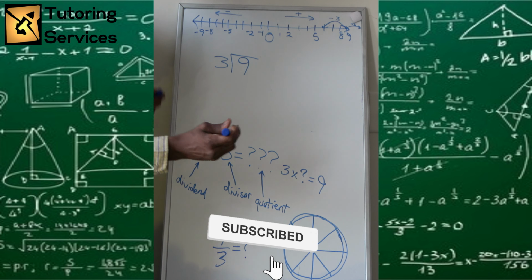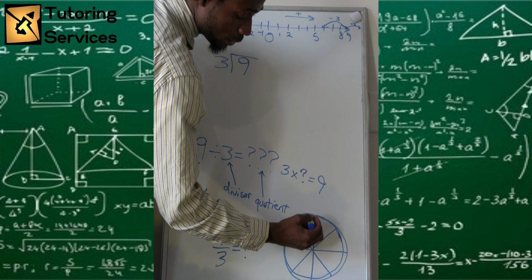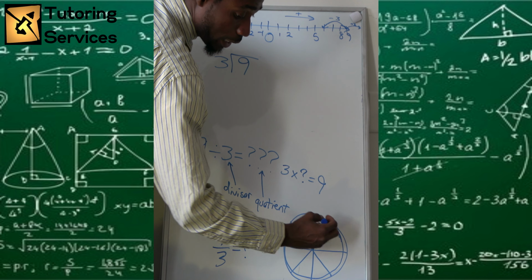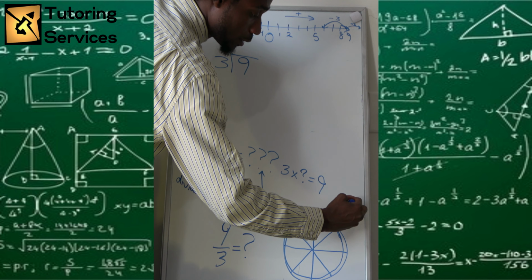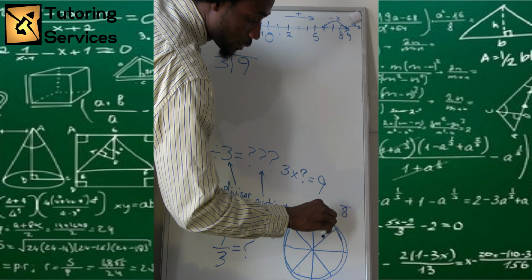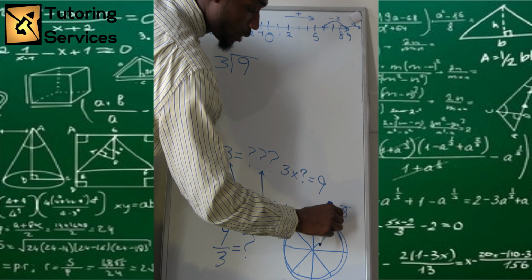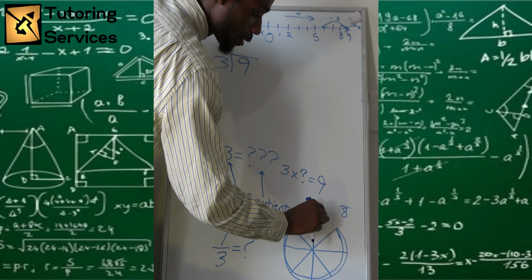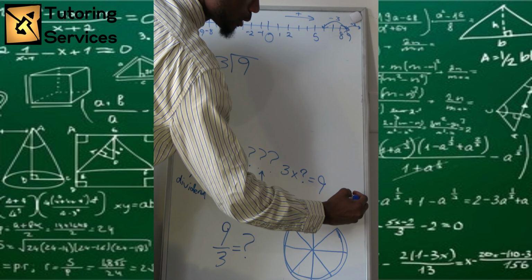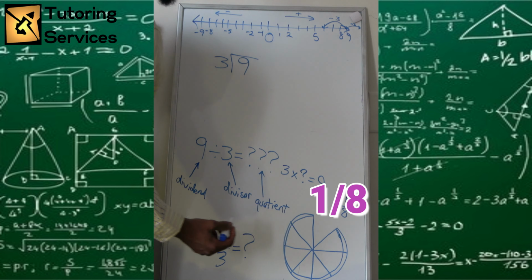If you take 1 slice of pizza, there are 8 parts to this pizza. So if you take any one slice out of here, that is 1/8 of a pizza. 1 out of 8. 1 slice is just 1 out of 8.